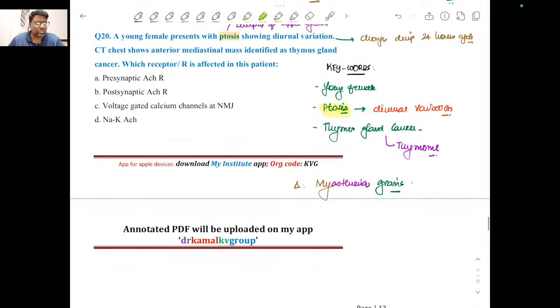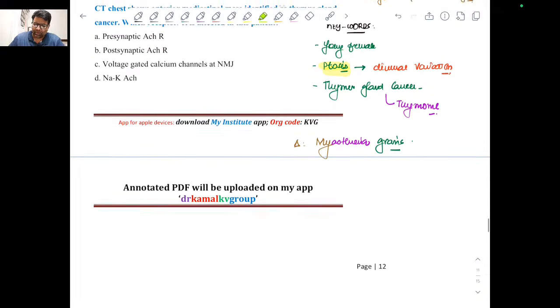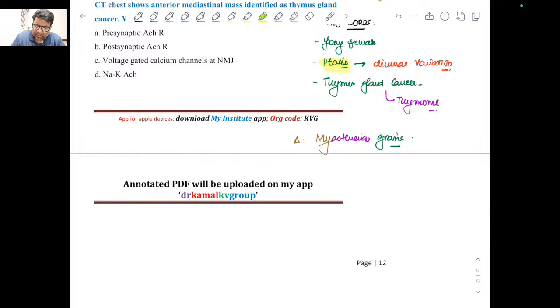Now what is the pathology in myasthenia gravis? In myasthenia gravis, there is antibody mediated destruction of the post synaptic acetylcholine nicotinic receptors.